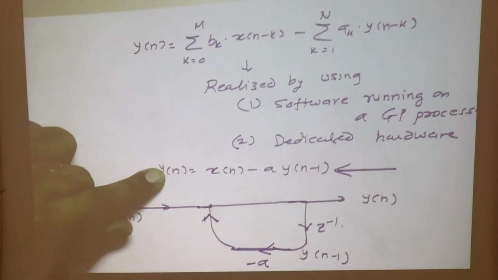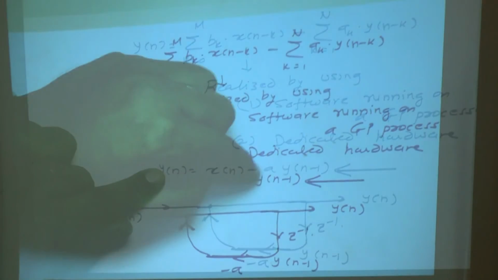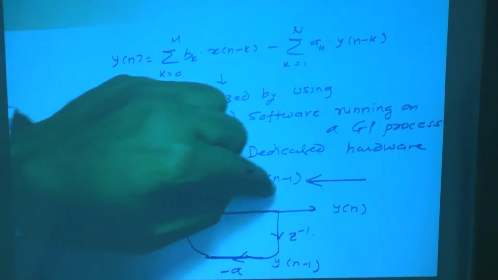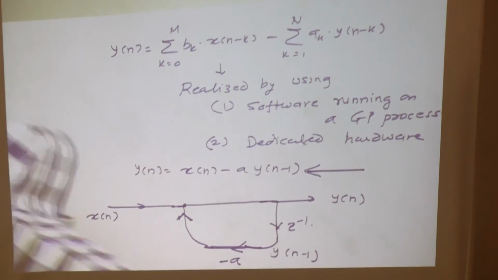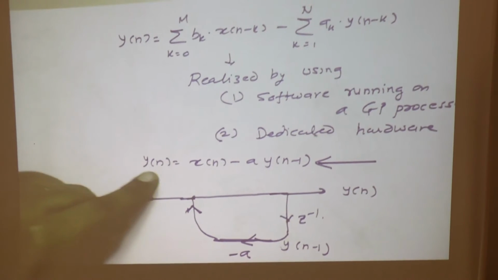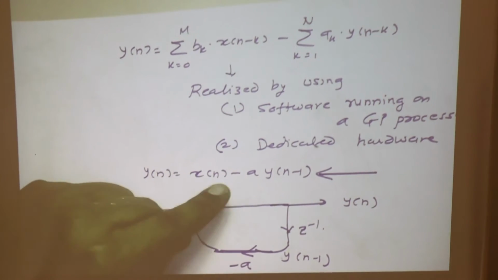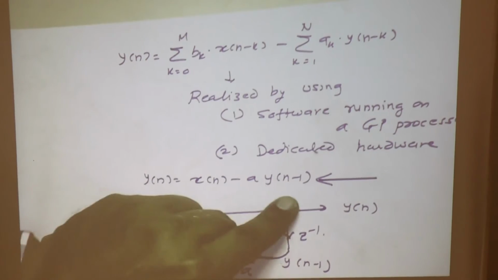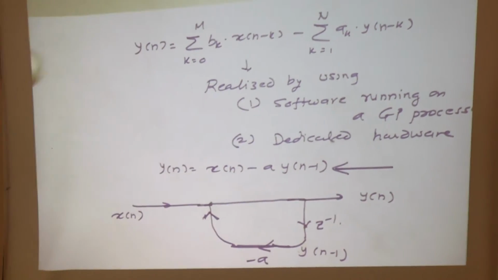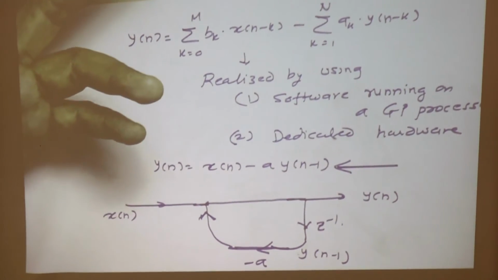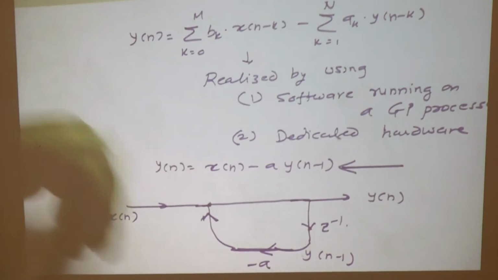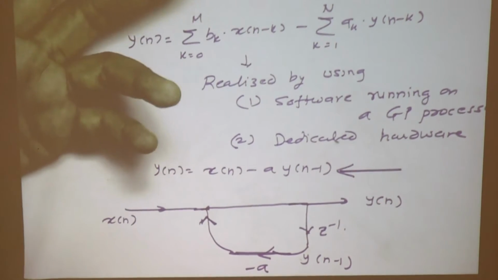Imagine this equation. How can you write this as software? Simple. y is an array, x is an array, and you implement this for n equal to 0 to infinity or 0 to 10,000. Write y of n is equal to x of n minus a times y of n minus 1, where n is an integer, and x, y, a are floating point numbers.